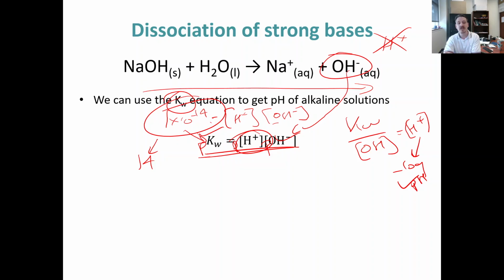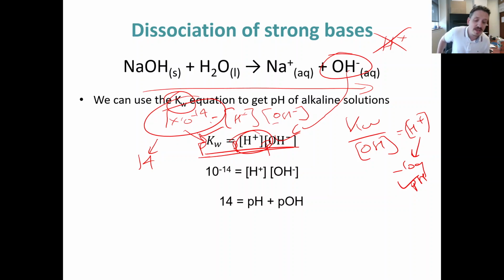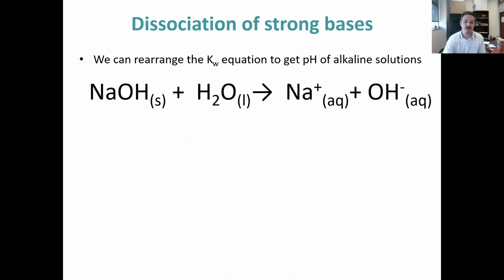It's going to be plus instead of multiply because it's logarithmic. And when you multiply these powers, it's the same as adding powers. So 10 to the negative 14 is the same as H+ times OH-, which is the same as 14 equals pH plus pOH. And we can just rearrange it: 14 minus pOH equals pH.